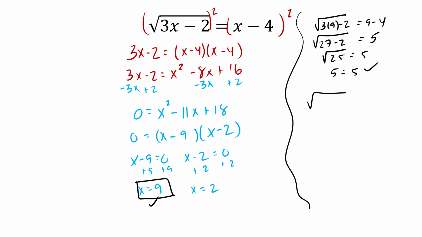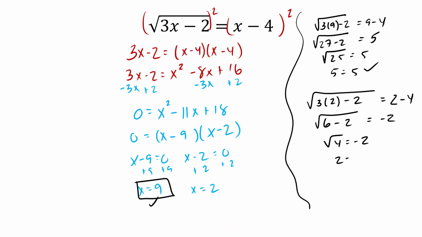Check the second one. So we'll have a 3 times 2 minus 2 is equal to 2 minus 4. So this will be 6 minus 2, that's -2. And that one does not check. So the 2 does not check, but the 9 does. And that is our algebraic check.